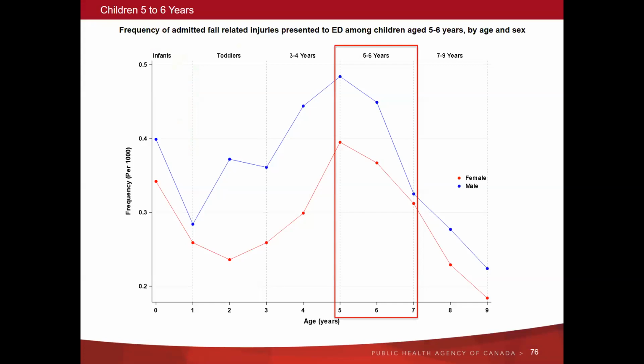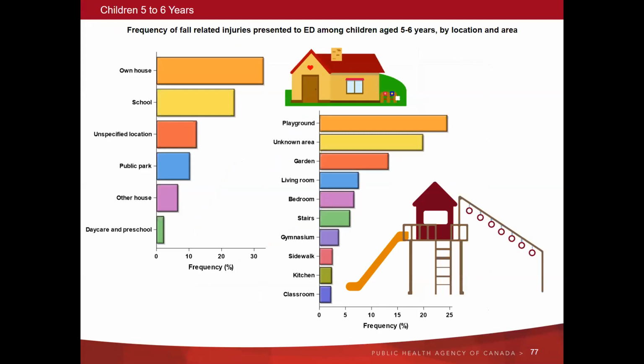Incidentally, we do see the percent of admittance peak at this age, reaching a high of 5.5%. Nevertheless, the vast majority of injuries are still treated in the emergency departments. The home remains a leading location of injury, with school being a close second.